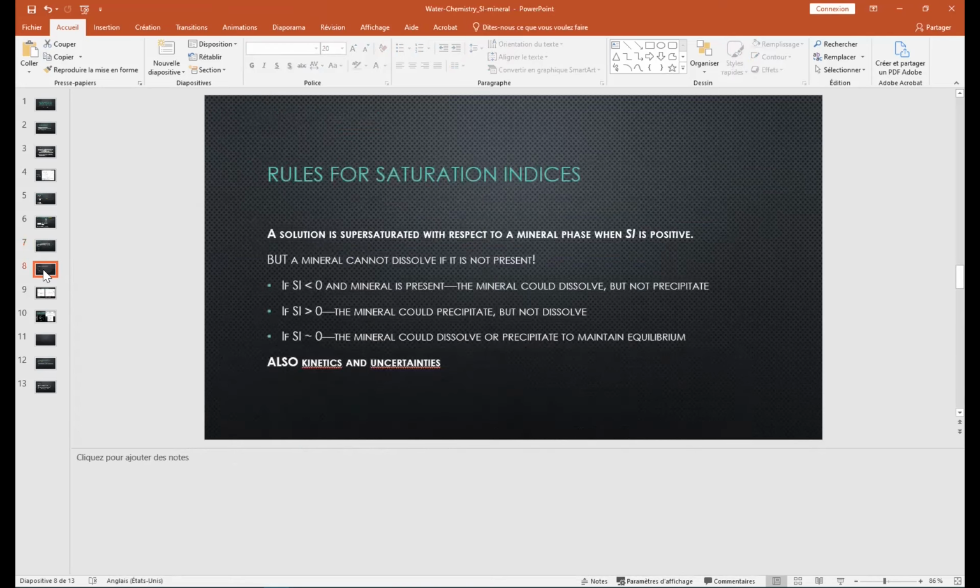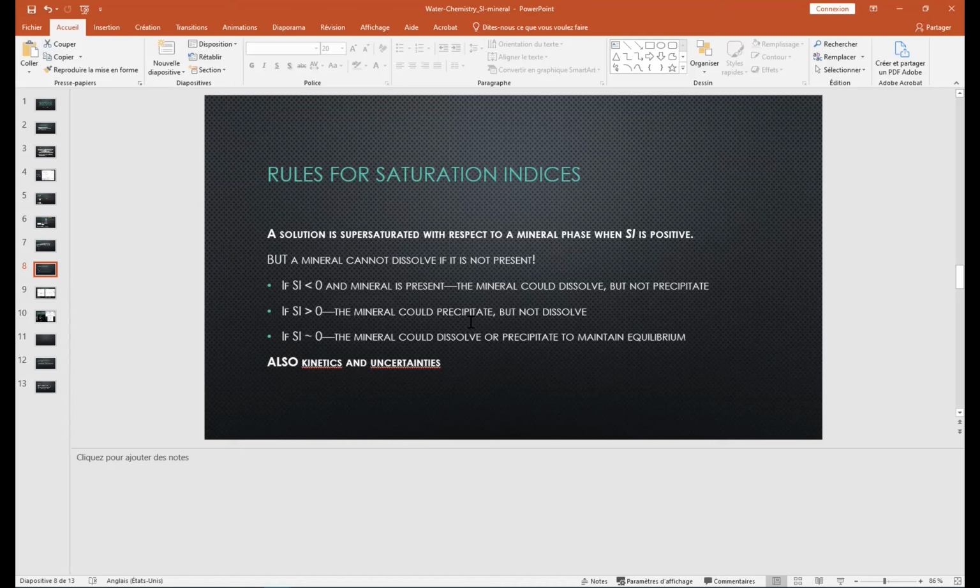So when your saturation index is positive, it means that you are supersaturated, oversaturated with respect to the mineral you are considering. But it doesn't mean that it's present.